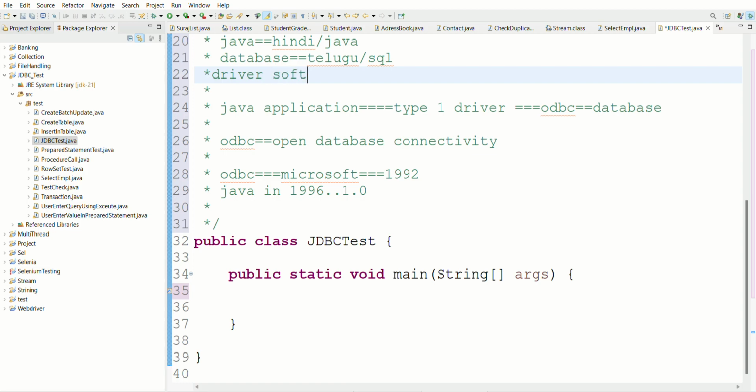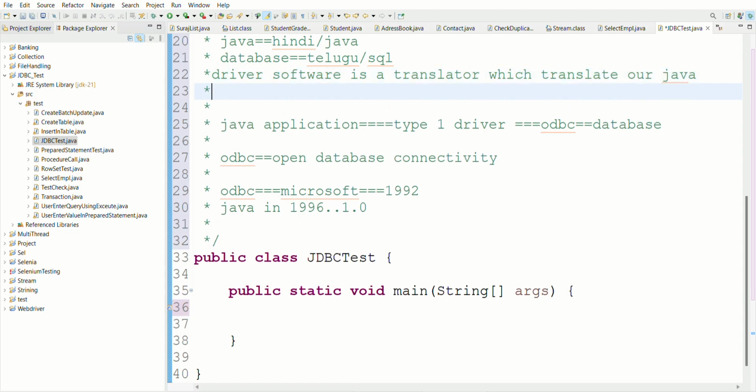software is a translator which translates our Java application request to database.